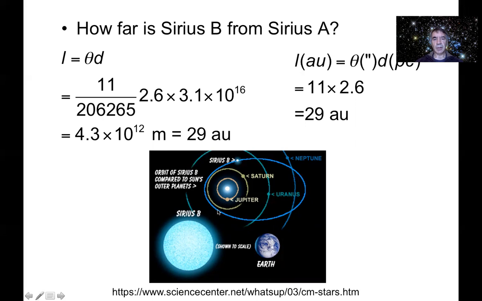Another wacky thing is that because Sirius B is a white dwarf star, it's a similar size to the Earth. It's actually quite a massive white dwarf, so it's a bit bigger than the Earth, but a lot of white dwarfs are basically exactly the same size as the Earth itself. So it's a peculiar object, and you can perhaps get a feel for how close these binary stars can be. Well, they can be a lot closer than that, of course.